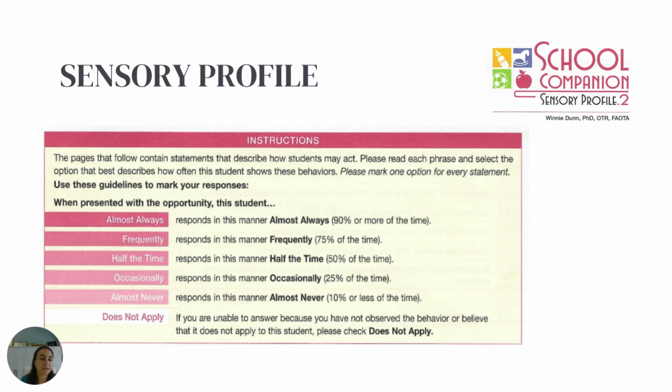Half of the time is you see it some days, not others, so 50% of the time you observe the behavior in the classroom. Occasionally is when you observe it, maybe 25%. Almost never is you don't really observe any problems in that area. And does not apply is if that behavior does not apply to that specific student.